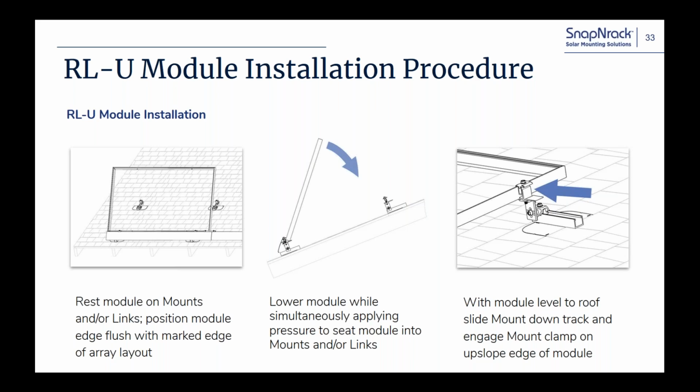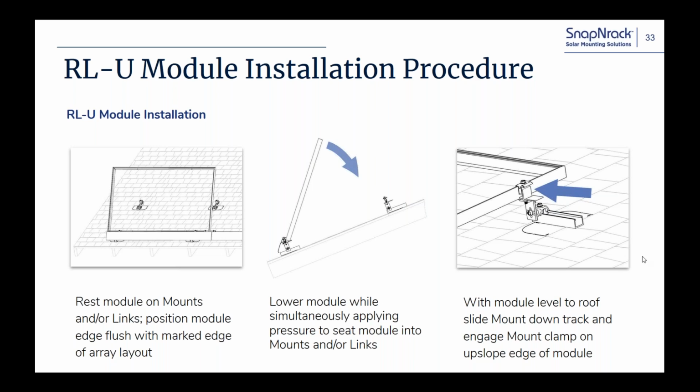So you'll drop the leading edge of the module into the skirt, into the mounts, and lower it onto the roof. And then you'll take your mount and slide it down the flash track and position the clamp on the module. Make sure it's flush, and then you will tighten up the channel nut bolt and then tighten up the clamping bolt.